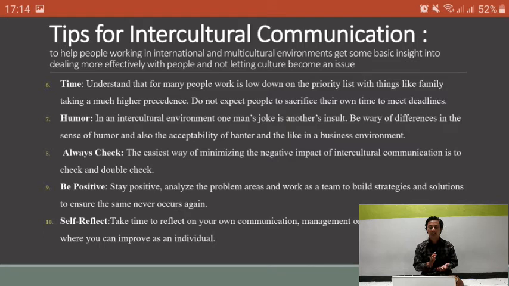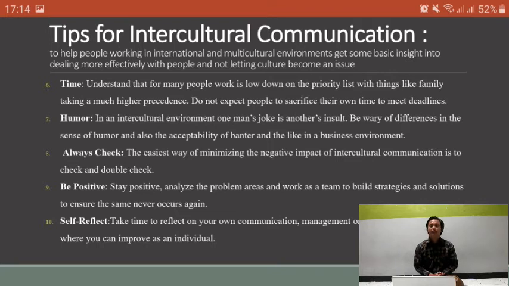Be wary of differences in the sense of humor and also the acceptability of banter and the lack of it in a business environment. Number 8, that is always check. The easiest way of minimizing the negative impact of intercultural communication is to check and double check.